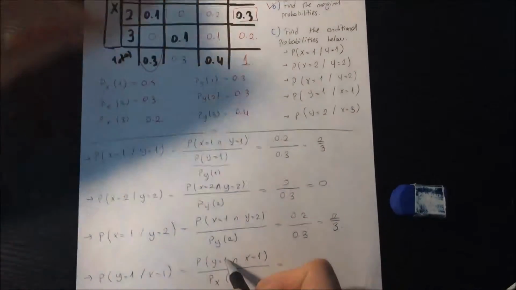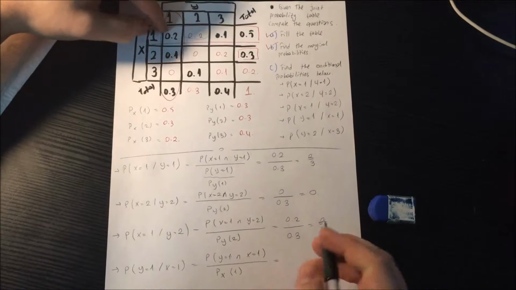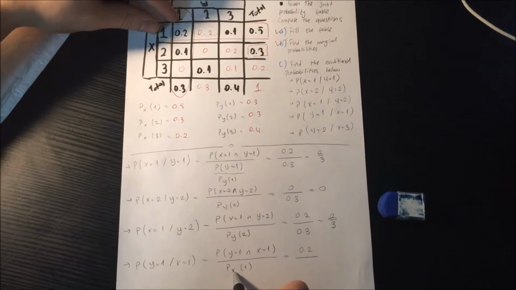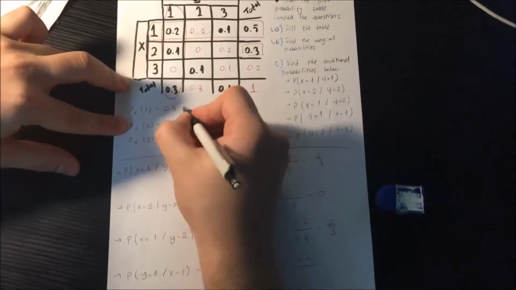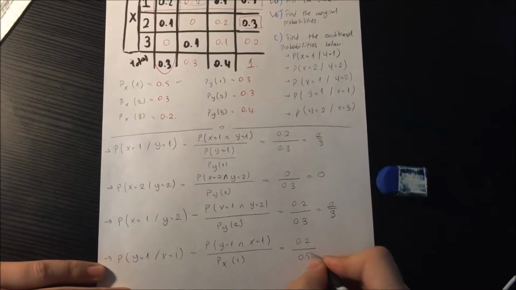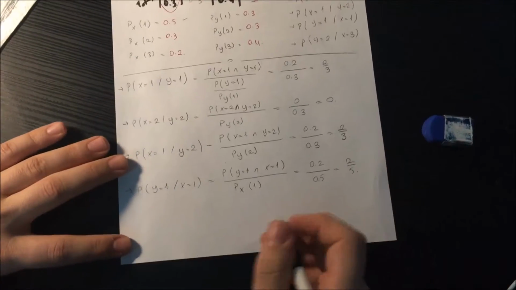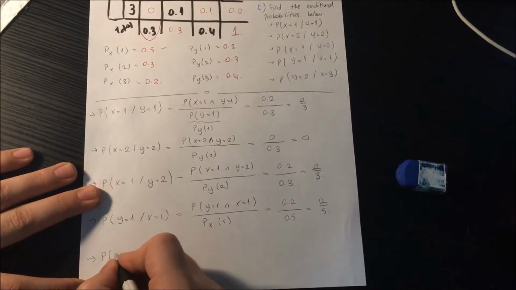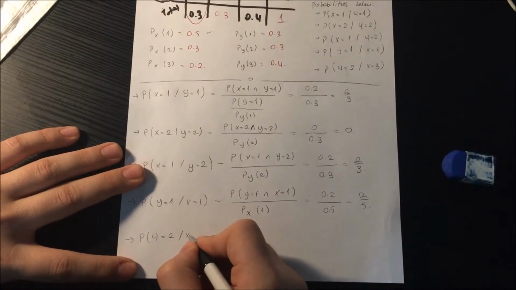So it's again y equals 1, x equals 1, and their intersect is 0.2, and the marginal probability of x is this row, and we also found it in the first part. So the answer is 2 over 5.